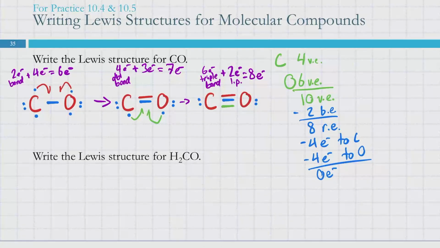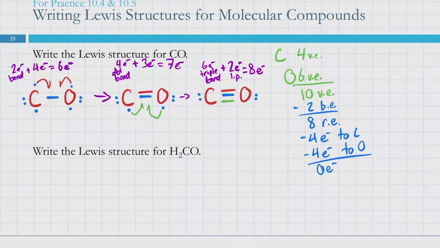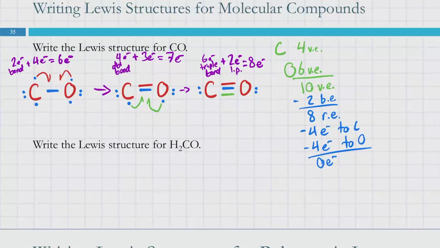One more example, we want the Lewis structure for H2CO. So we have to place our H's, our C, our O. One way that you could do it might be to do something like this. There's a problem with this that makes it not as good as it could be.